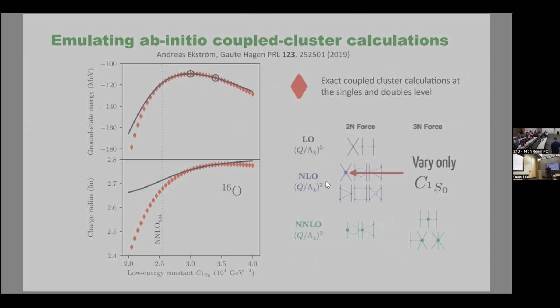And you can see we have two training points now, and the solid black line is the prediction for those observables as we vary the Lorentz constant in this range on the x-axis. Increasing the number of points, here we go from 2 to 3, you can see that the predictive capability gets better. And 4 points, even better, and 5 points, you can see we reproduce basically the exact coupled cluster calculations over this whole range of the Lorentz constant.